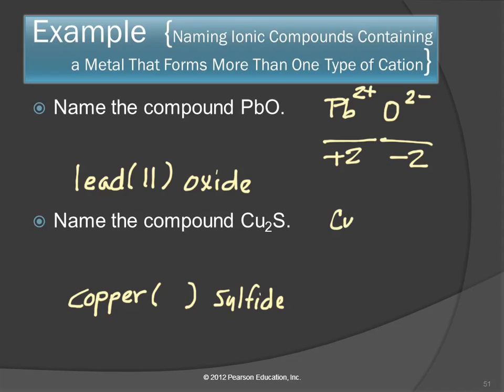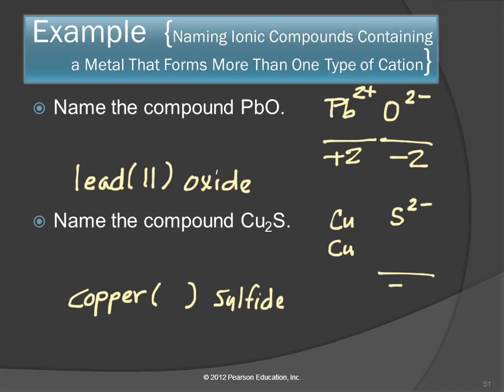Over here, we've got 2 copper ions and 1 sulfur ion. That's what the formula tells us. Cu2 means there's 2 of those, and S means there's 1 of those. What's the charge on sulfide? 2 minus.